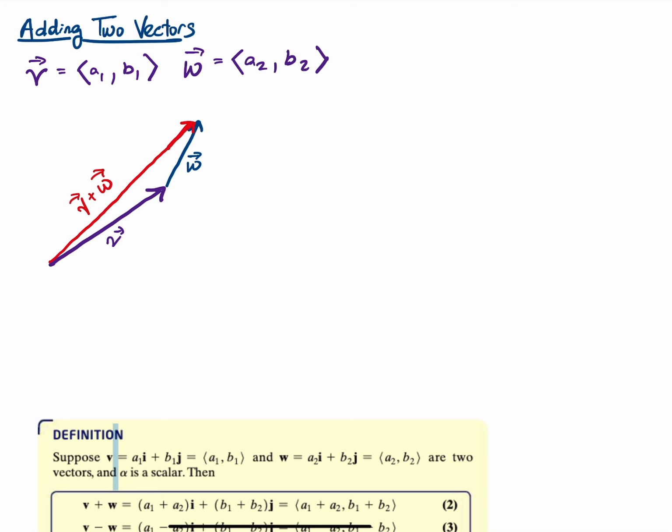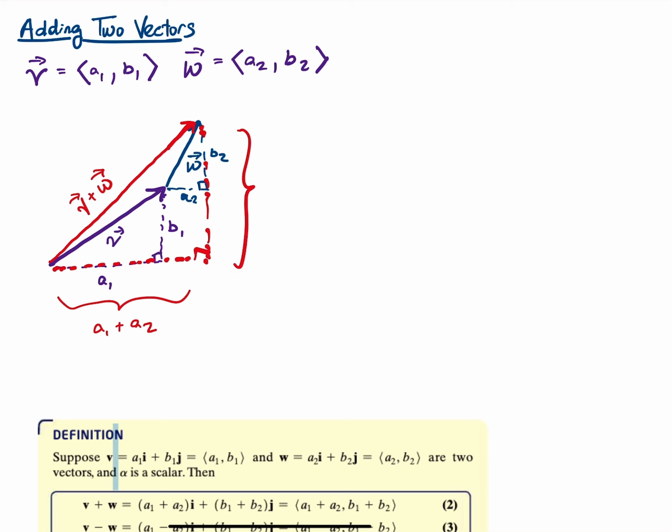So what would be its components? Well, we can imagine the horizontal and vertical components of both v and w. We get two right triangles. So this would be a1 and b1, and this would be a2 and b2. So what would be the horizontal and vertical component of our sum of the two vectors? We get this outer triangle. And this would just be the distance a1 plus a2. We have this first distance and then our second horizontal component.